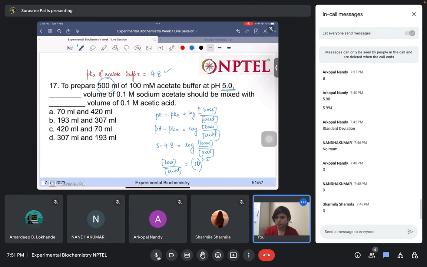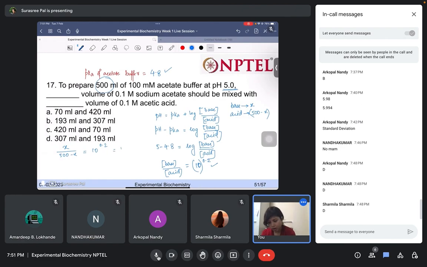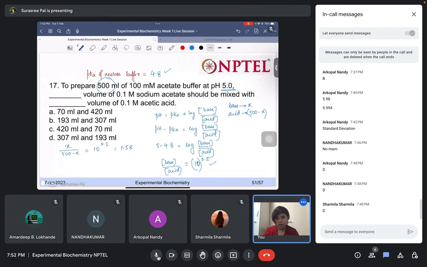So if you take the base as X, then the volume of the acid will be 500 minus X. Now you put it in this equation and you get X by 500 minus X equals 10 to the power 0.2, which is approximately 1.58.